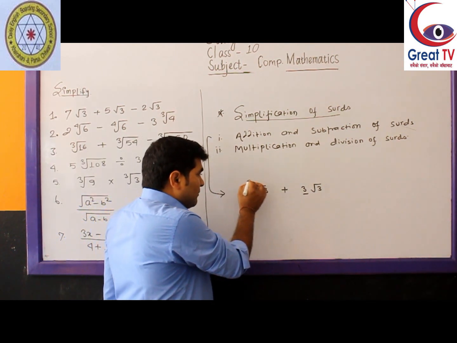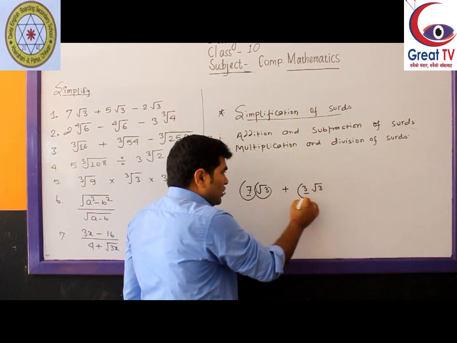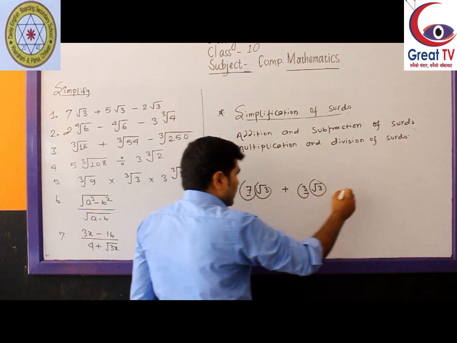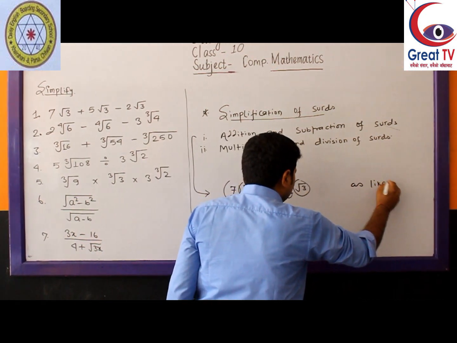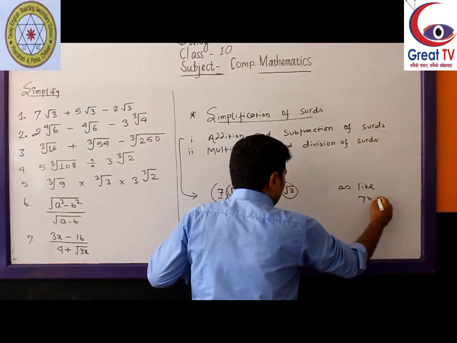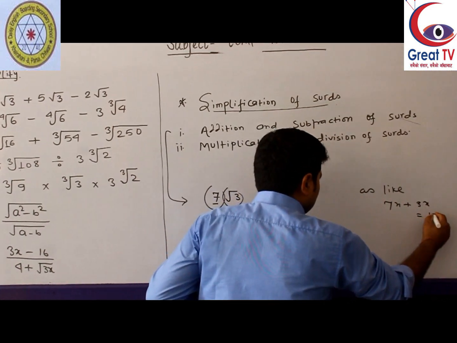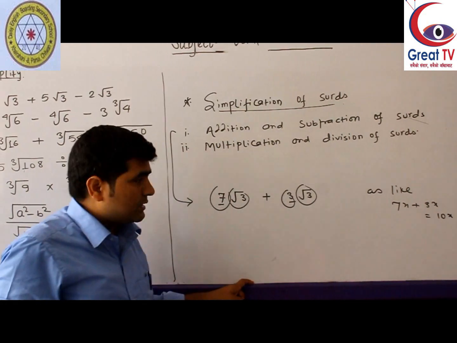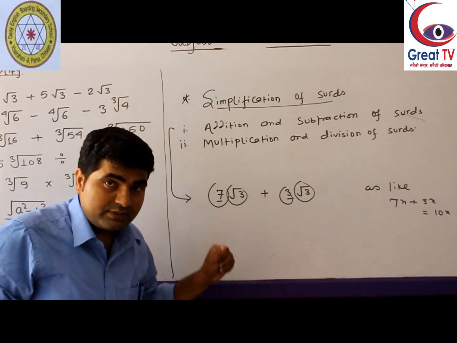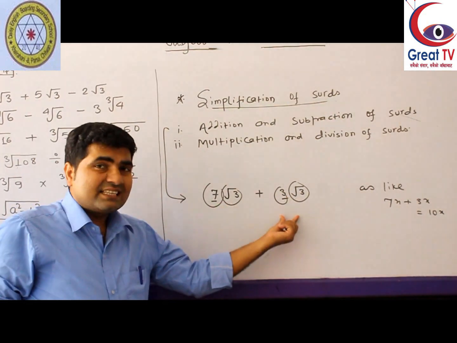Here 7 root under 3 and 3 root under 3 are like 7x plus 3x equal to 10x. We can add them because those two are like terms. Here these two Surds are like Surds.